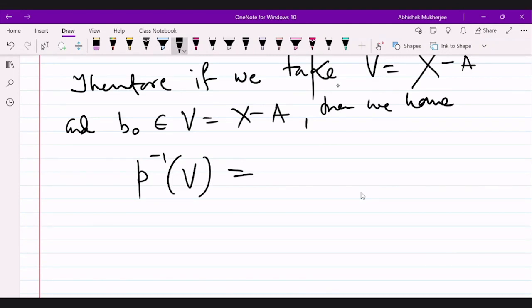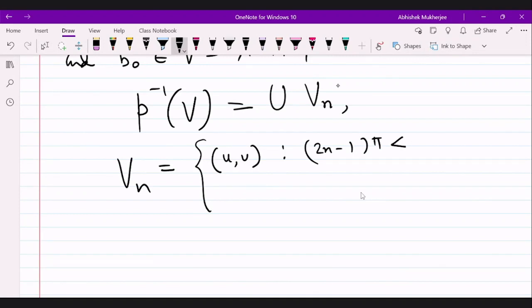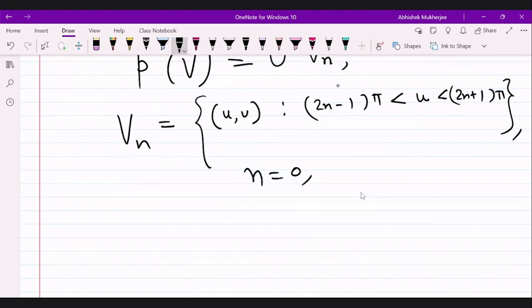This is nothing but the union of Vn, where Vn is given by these coordinates which satisfy in general (2n minus 1) pi less than u less than (2n plus 1) pi, right? And this is true for every n running over 0, plus minus 1, plus minus 2, and so on.